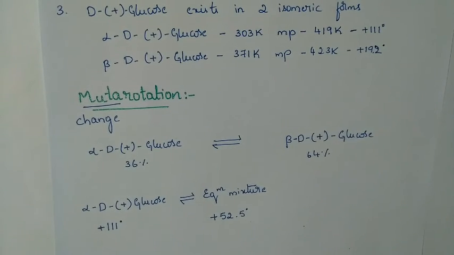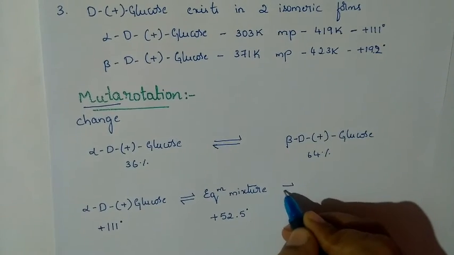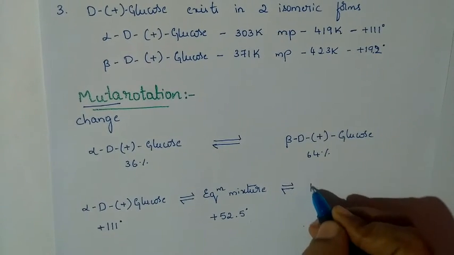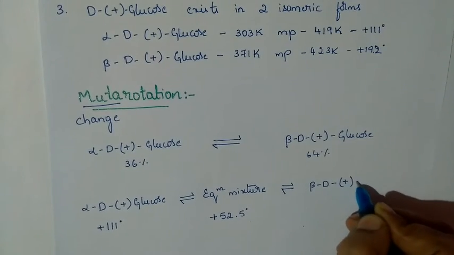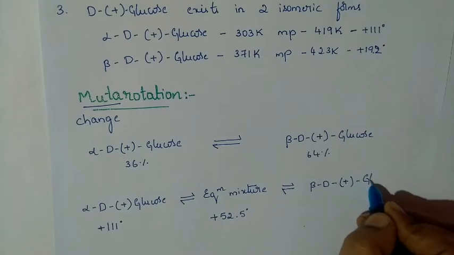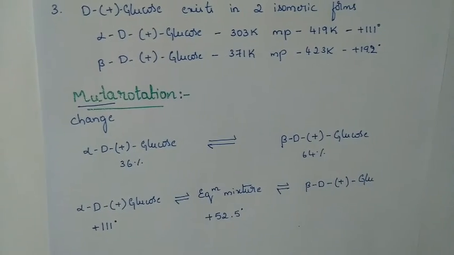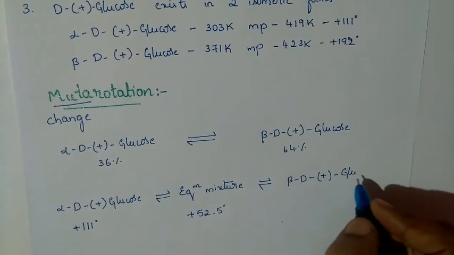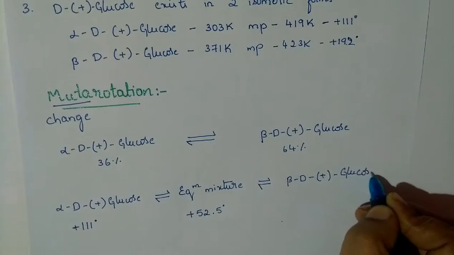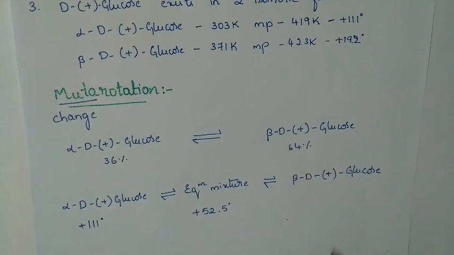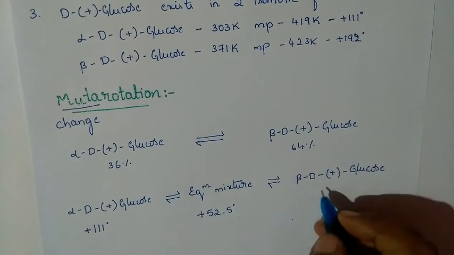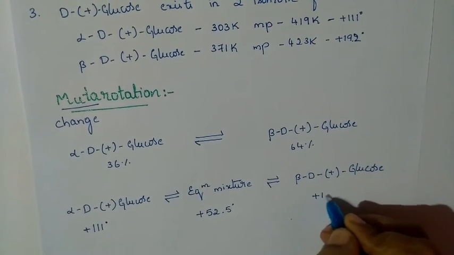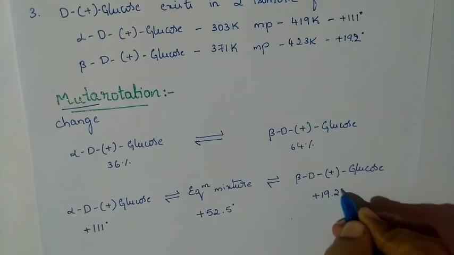If you take a beta D plus glucose solution, then also you are going to get the same thing. Beta D plus glucose, as already seen, has plus 19.2 degree.